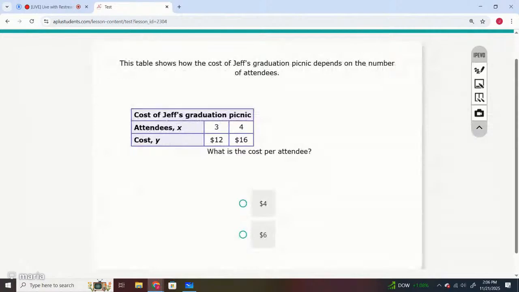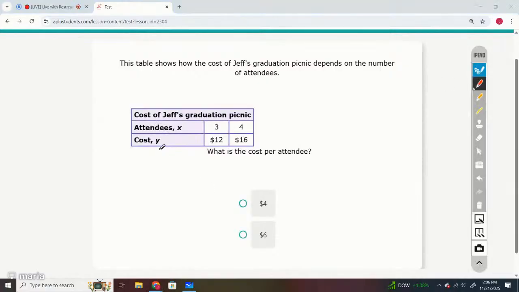The table shows how the cost of Jeff's graduation picnic depends on the number of attendees. So you need to calculate the cost per attendee. So you have to do y by x. So 12 divided by 3 and 16 divided by 4.